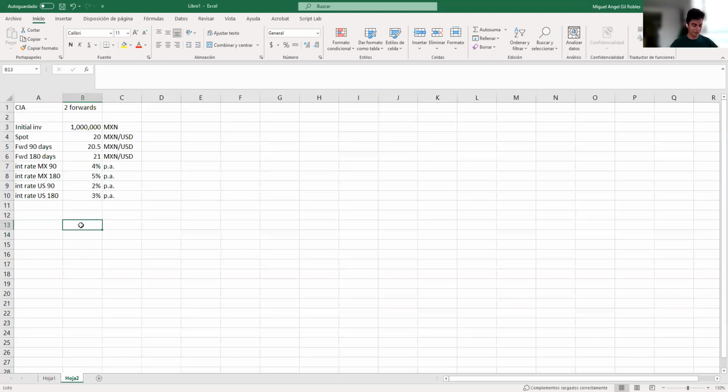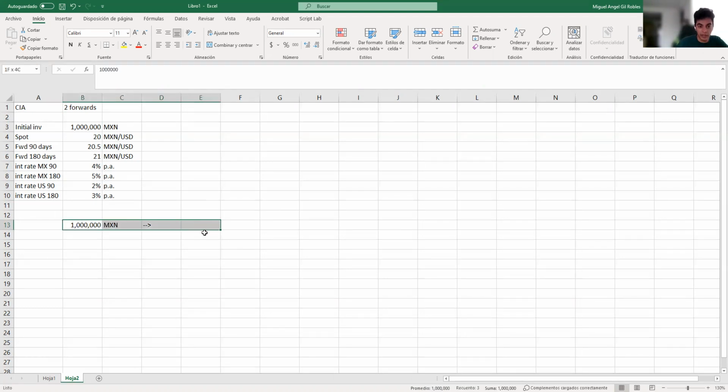So to start this again, it's the same. Maybe I'm too boring of doing the same rectangle and going step by step, but I think it's the best way to solve this kind of thing so you don't make any mistake. Again, do the rectangle. I think it helps a lot when you are solving this kind of problems. But very important thing, because we have the two forwards and two time frames, we need to do two rectangles.